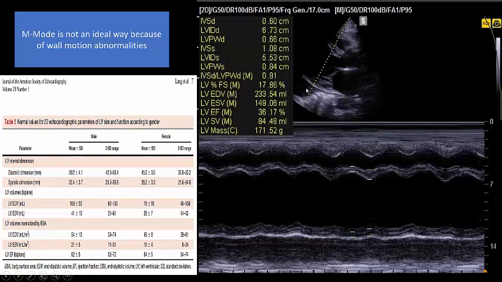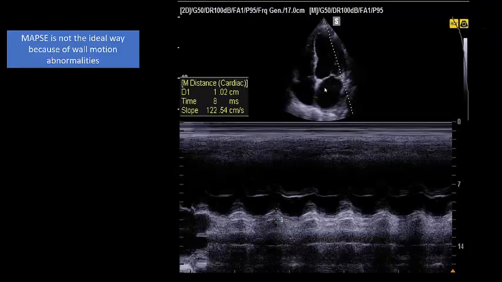I'm almost perpendicular to the wall, and the end-diastolic diameter here is too much, 6.7, denoting a chronic process, because the maximum end-diastolic diameter in males should be 6.2. That means this patient has a chronic process, which is ischemic heart disease going to ischemic dilated cardiomyopathy.